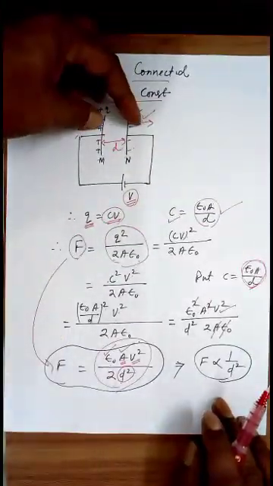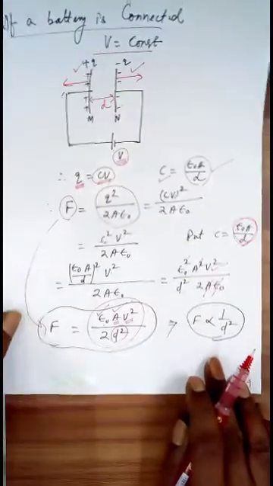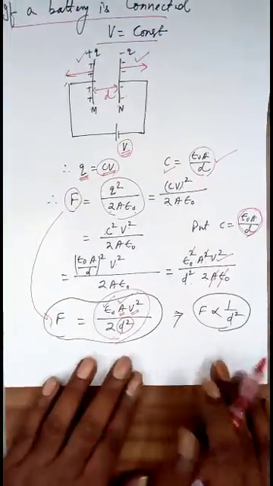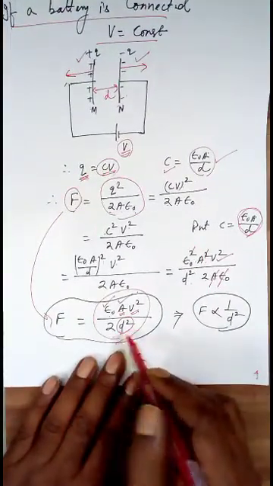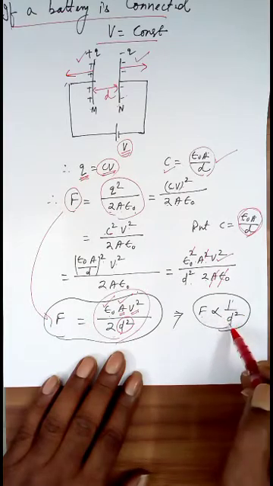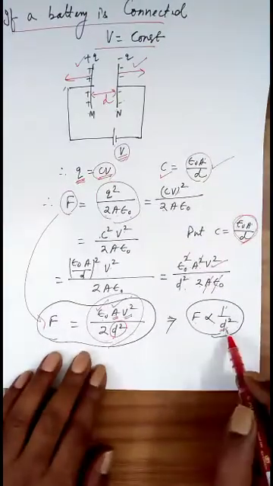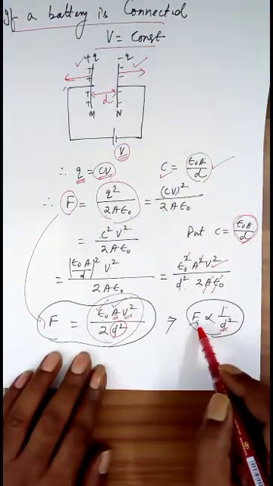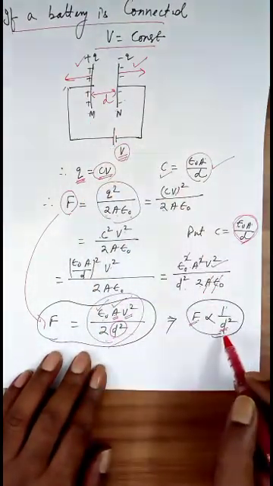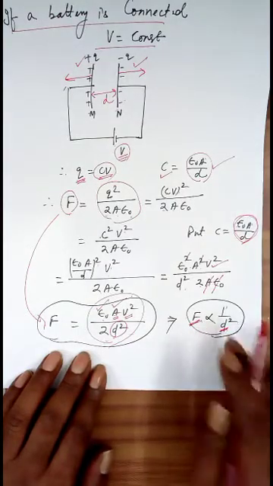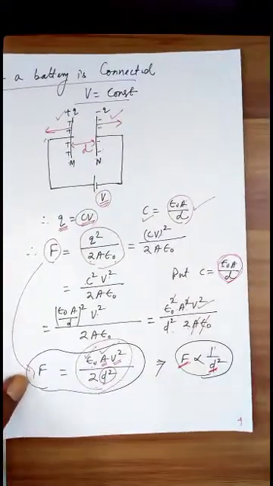Or if I bring the two plates nearer, the distance D decreases. So D is in the denominator, and F is proportional to 1 by D square. So if you separate the plates away from each other, D increases, therefore force decreases. If you bring the plates close together, D decreases, therefore F increases, right?